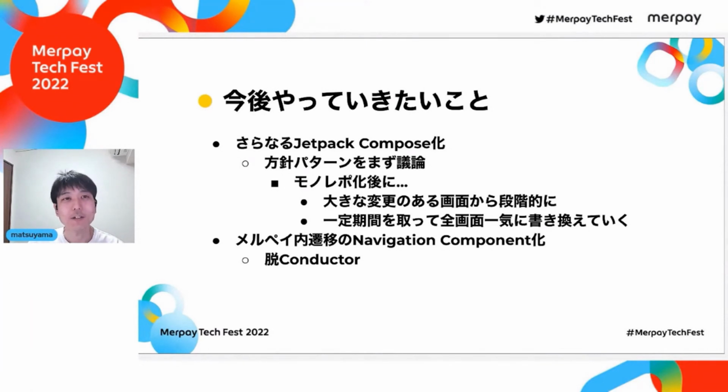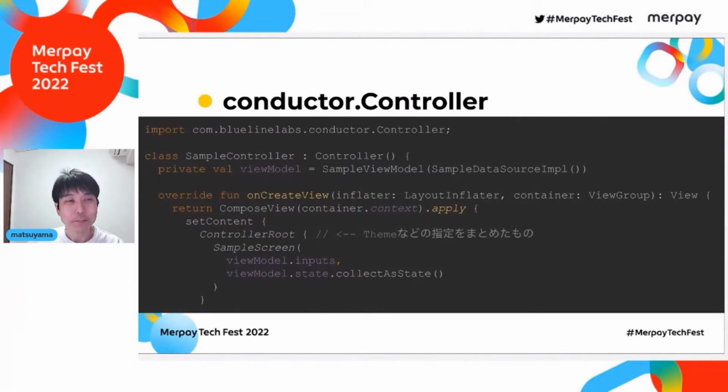Also, I've been thinking about changing the Merpay screen transition from Conductor to the navigation component, which is a topic that I've been avoiding for a long time. So what I mean by that is, to be a little more specific, here is the code for each screen I was showing you before. Here is the conductor controller.